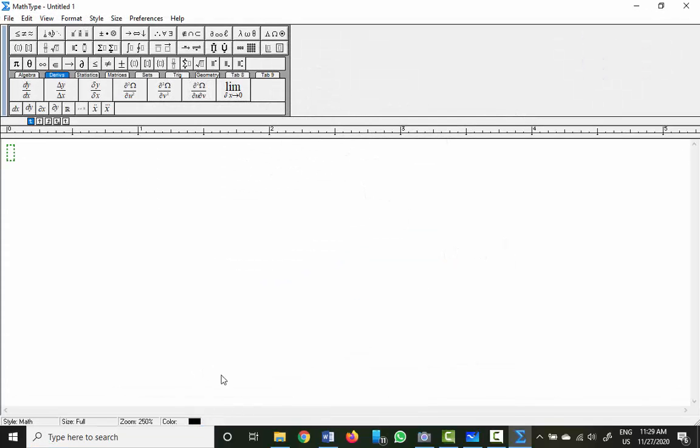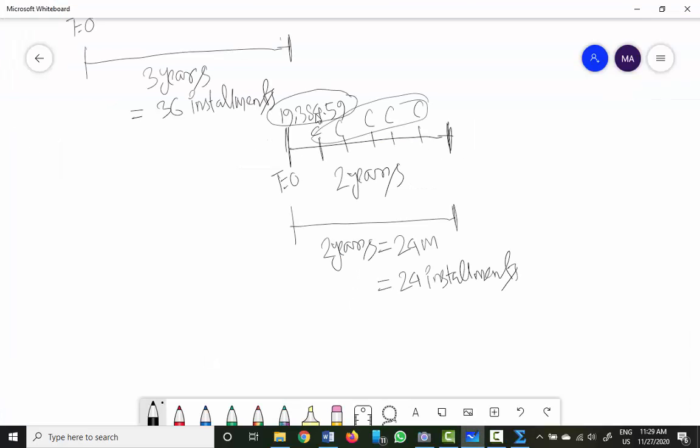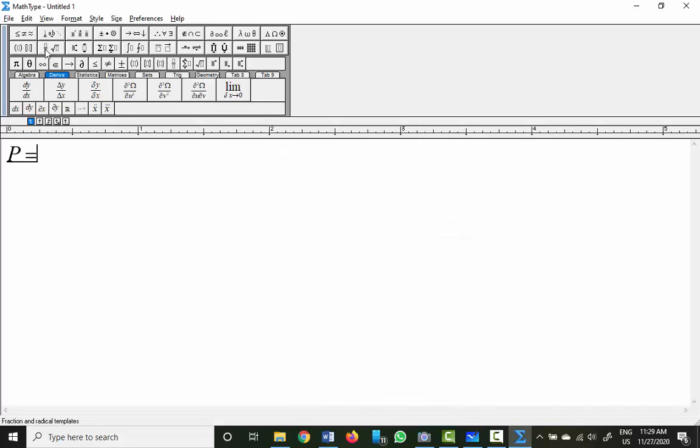Since the present value of the loan amount is given, and we need to pay off this loan by making monthly payments over the 2 years period, we will use the present value of annuity formula, right? So we already know the formula: 1 minus (1 plus r) to the power minus t. In the present value formula, there should always be a minus in the power.